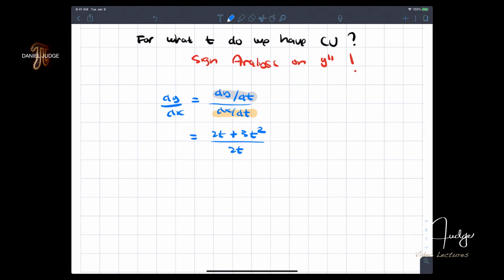Now, if we simplify this, 2t over 2t plus 3t squared over 2t, that's 1 plus 3/2 t. Okay? dy/dx.